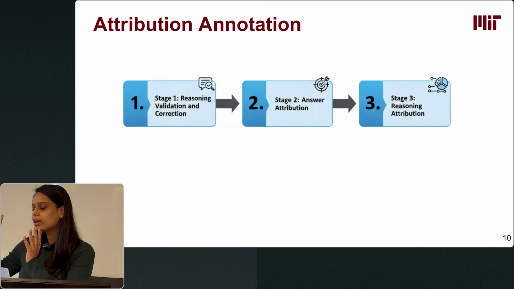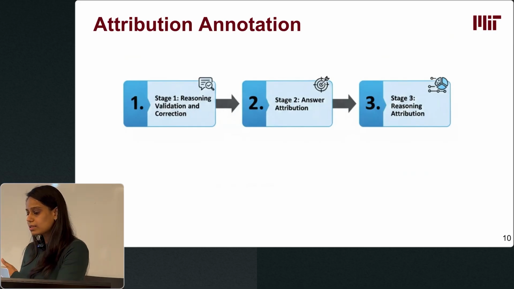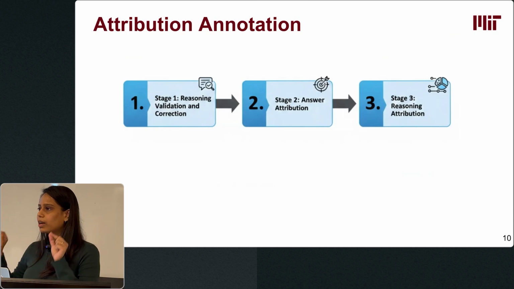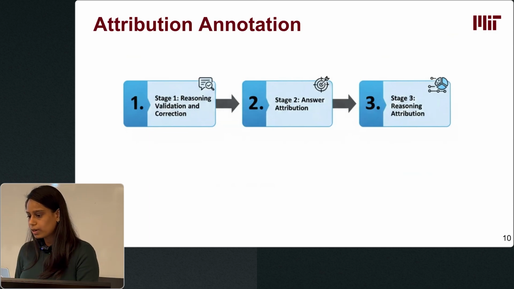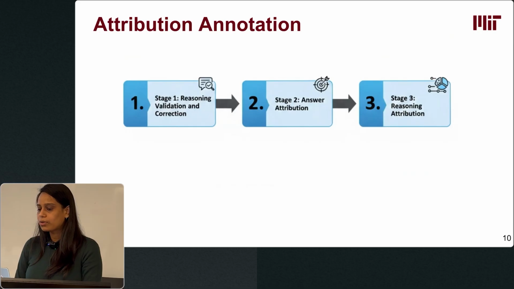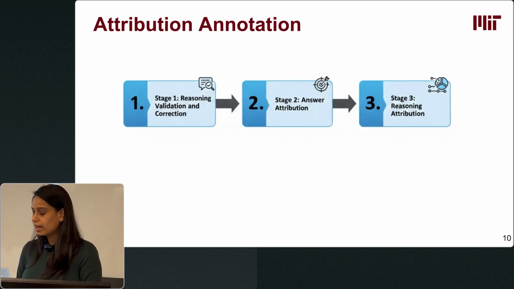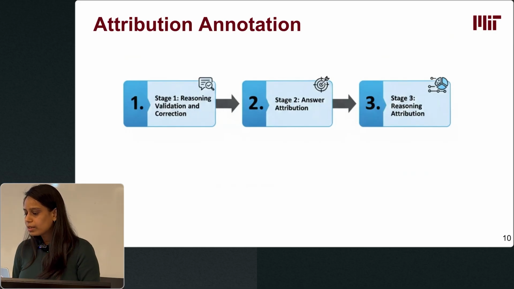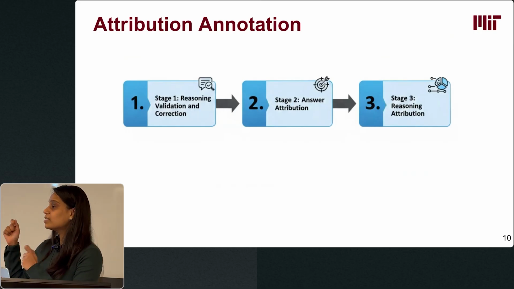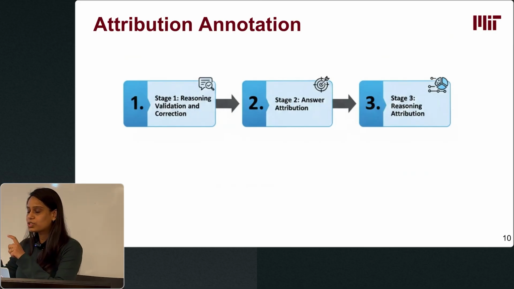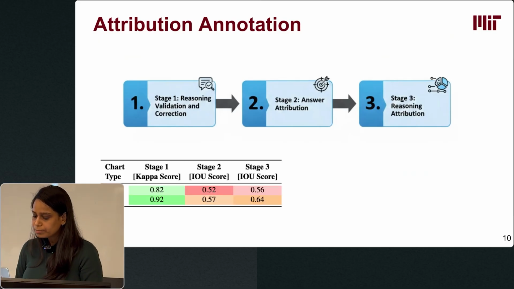If it's not correct, they rewrote the reasoning step, and then they drew bounding boxes, which helped us with the data collection on ground truth pairs for attributing charts based on answers. And then we collected data for reasoning attribution, that is given step-by-step reasoning, we linked it with the chart, and it connected us to bounding boxes.